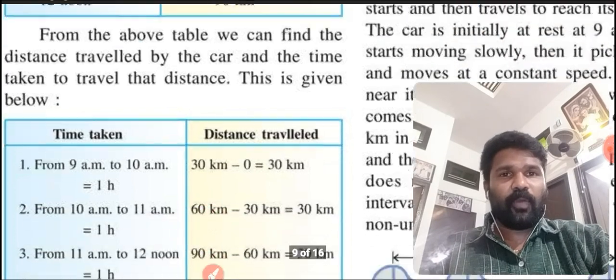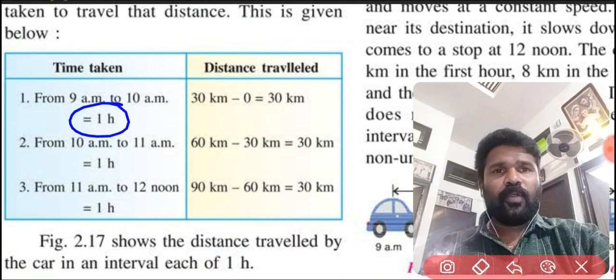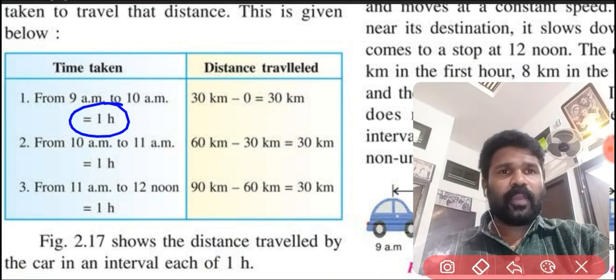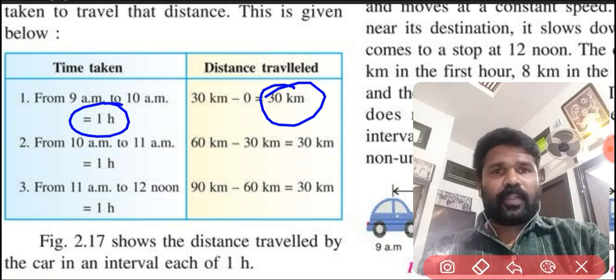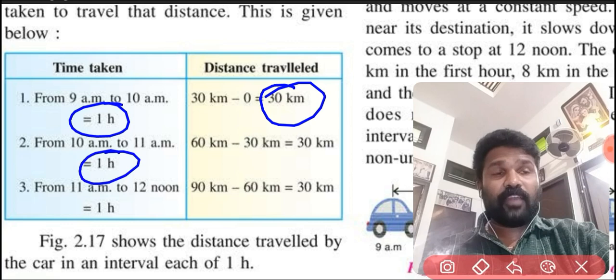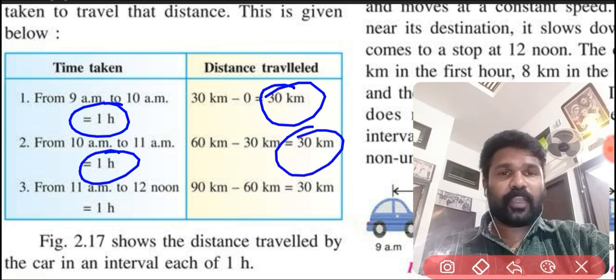This is given below. From 9 a.m. to 10 a.m., it took 1 hour. Distance travelled, that is 30 kilometers. 10 a.m. to 11 a.m., there is also the same time, 1 hour. Distance covered also the same, 30 kilometers.